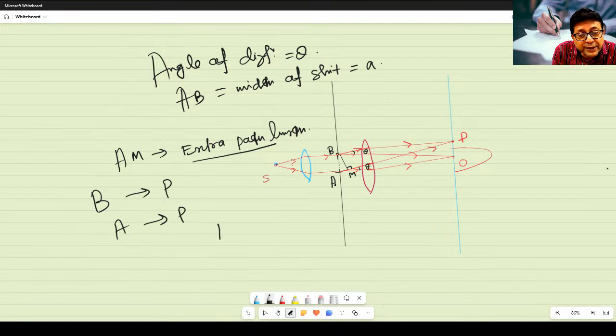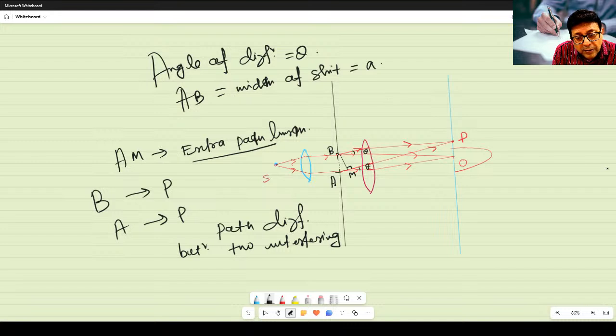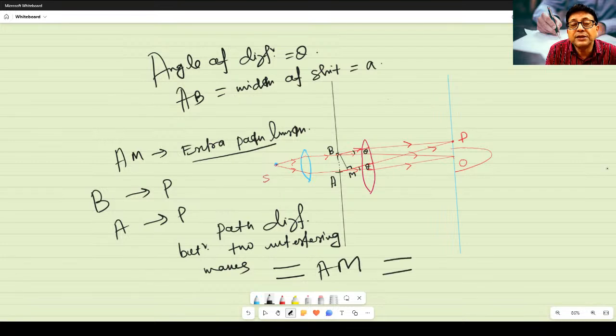So the path difference between two interfering waves is equal to, I hope you understand, on AP we have drawn the perpendicular, AM is the path difference. In this diagram, if this angle is theta, you can see that this angle is going to be 90 minus theta and this is going to be theta. Isn't it?